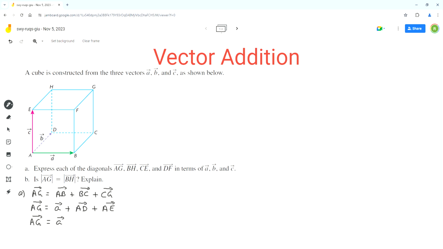Now we are given that vector AD is equal to vector B and vector AE is equal to vector C. So this should be the final answer for vector AG.